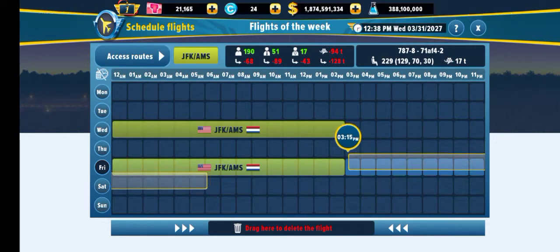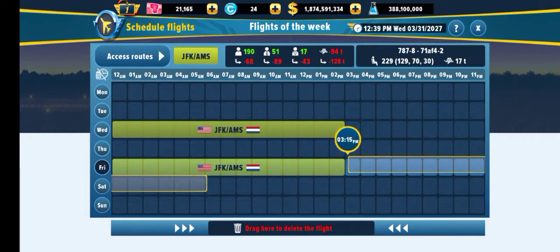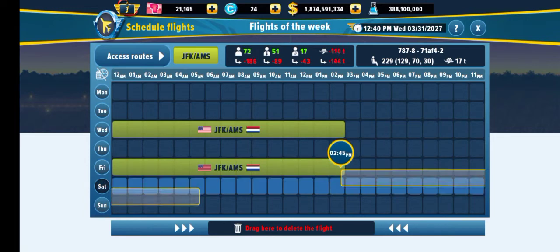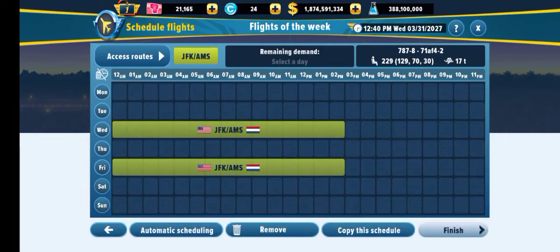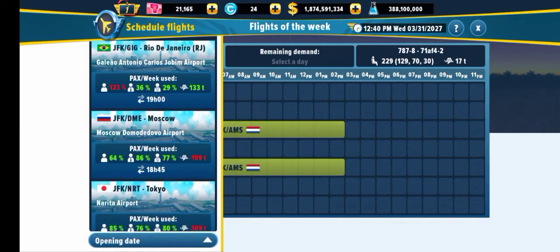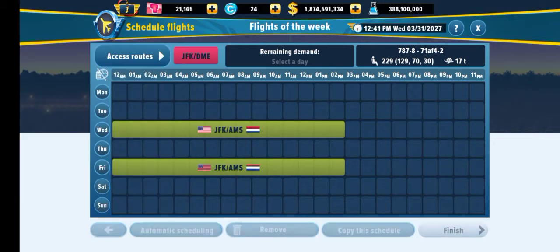So for example, over here it shows minus 68, and so basically I have 68 extra seats in economy which are not getting filled up. So what I would suggest is that if you cannot fill your aircraft, don't put it on that particular route.